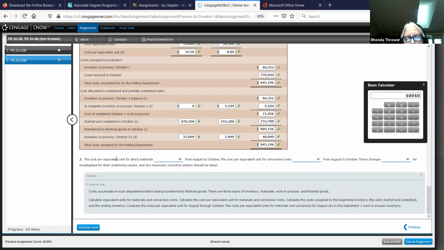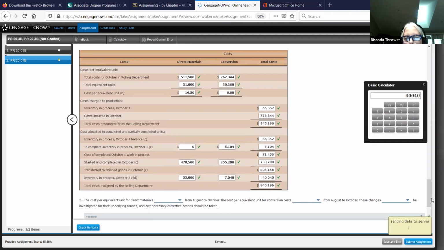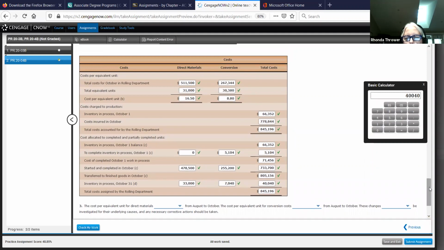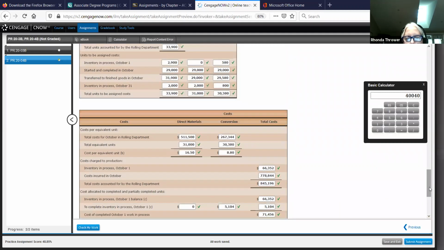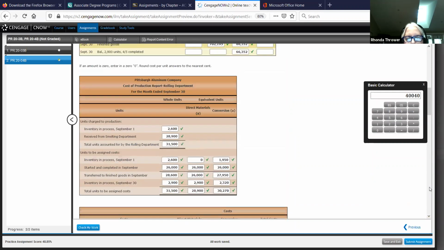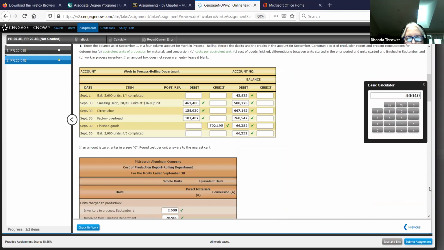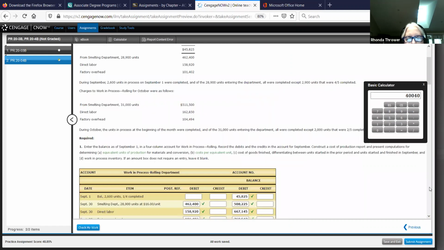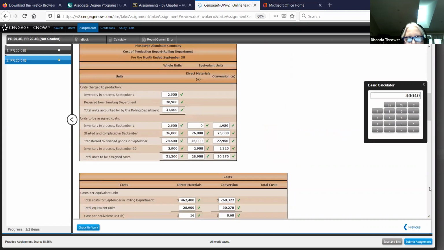And then in part 3, it says the cost per equivalent unit for direct materials, did it decrease or increase from August to October? So let's look at our materials. All right, we need to start with the one in September.